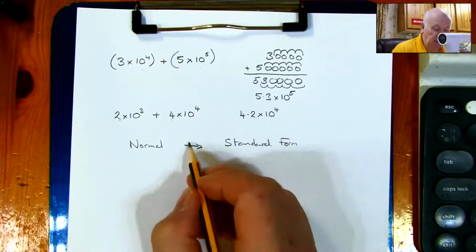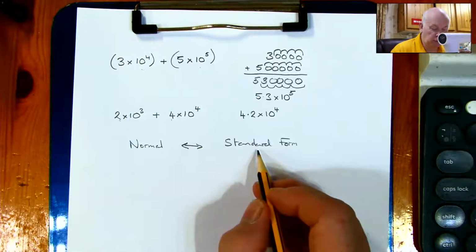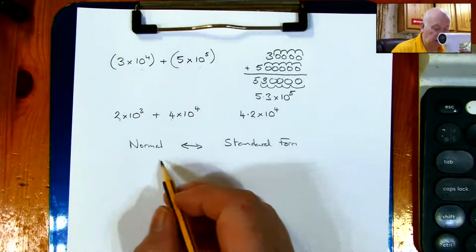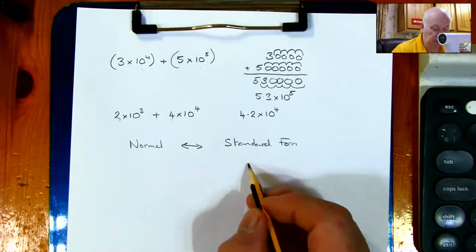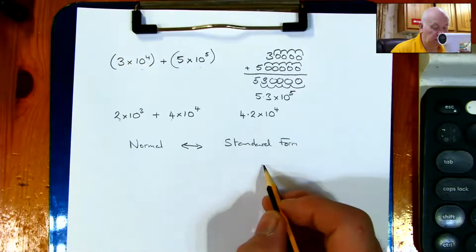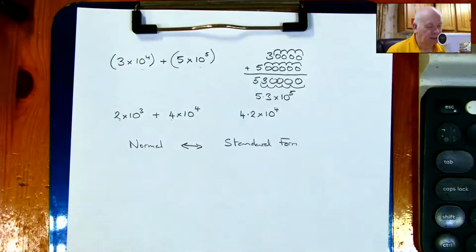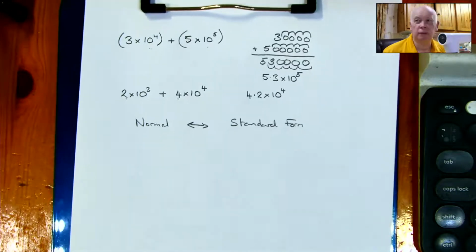We then can move from standard form to normal, and then we need to worry about multiplying them and dividing them. Dividing's a little bit more difficult, so I've left that one till last.